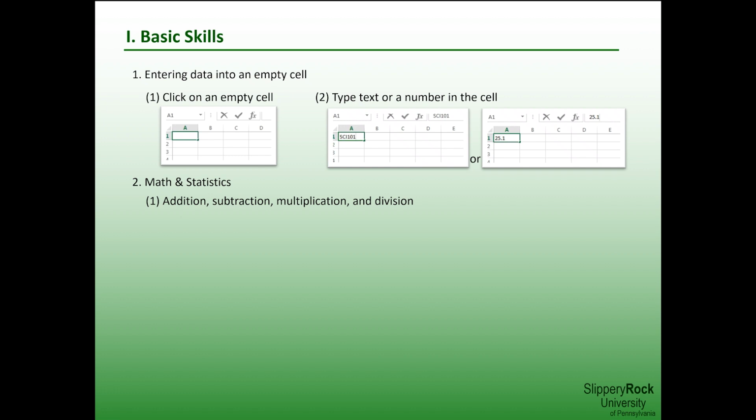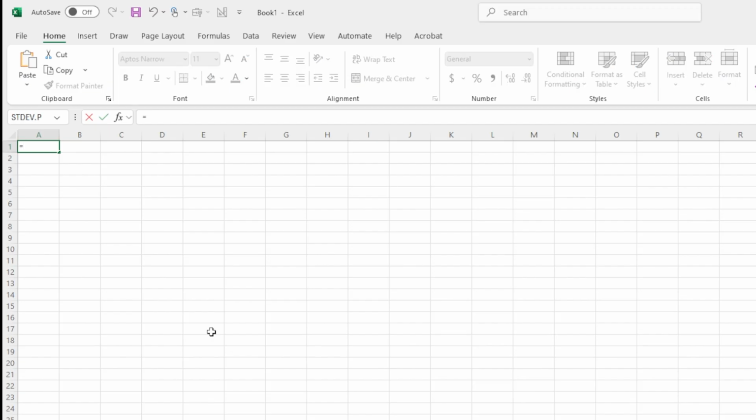In the first example, we want to calculate 2.4 plus 1.7 multiplied by 5. You can select any cell and type the formula directly into a cell, starting with an equal sign like this. When you press Enter, Excel will calculate the result, 20.5, and display it in the cell.